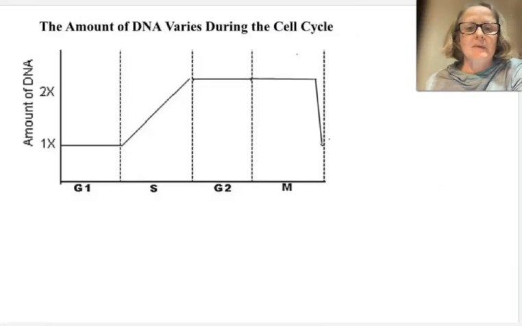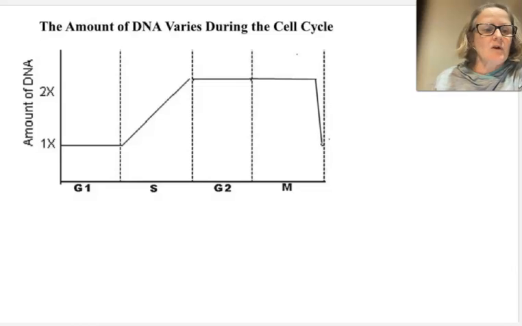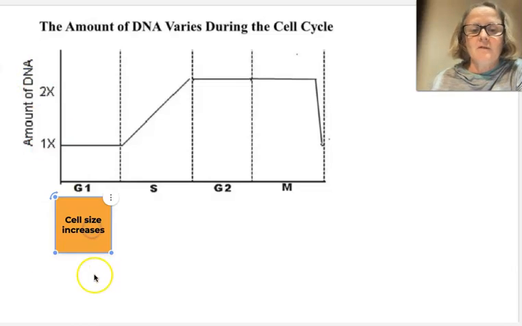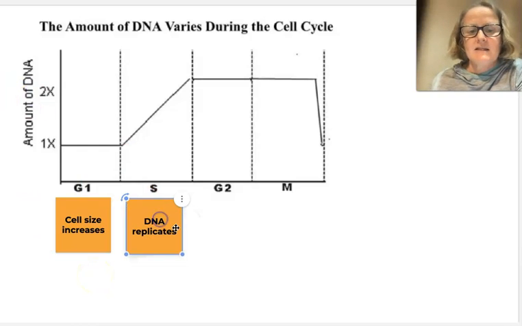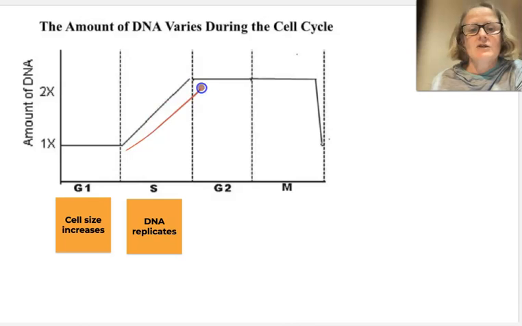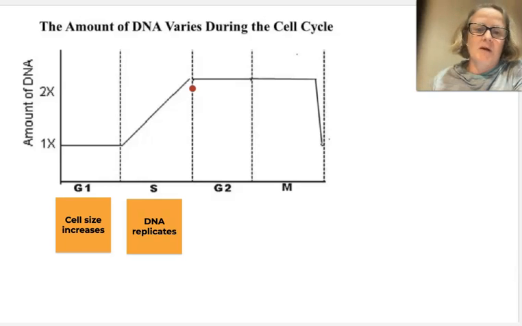Let's have a look at what's happening to the amount of DNA in the cell. At the beginning, G1, the cell is increasing in size. Then S phase, the cell is replicating its DNA. So you can see the amount of DNA is increasing and it doubles. So every chromosome makes an exact copy of itself and holds it next to itself, attached by the centromere.